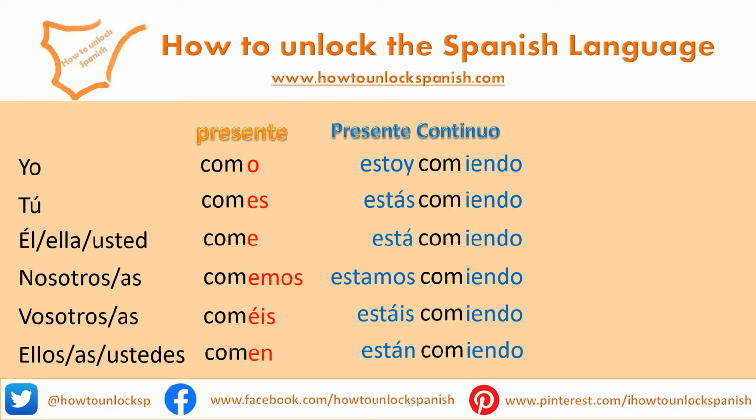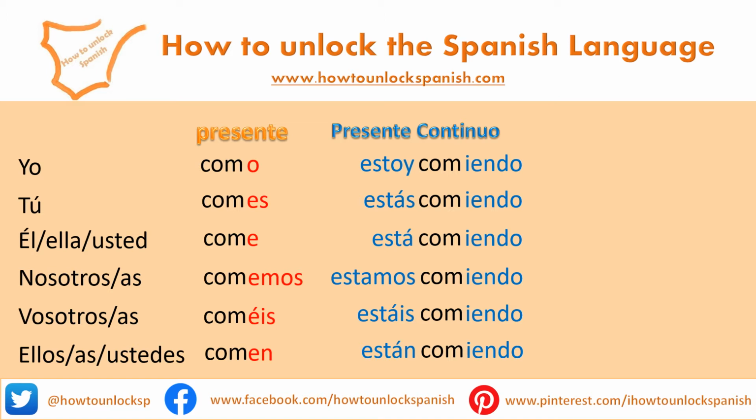Let's start with the present. We have two tenses, el presente simple, the simple present, y el presente continuo, the continuous present or the progressive present. We use presente to talk about actions that happen regularly.